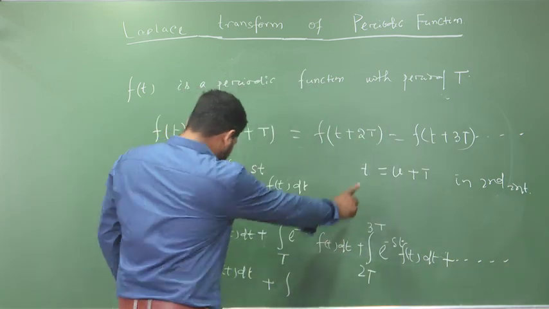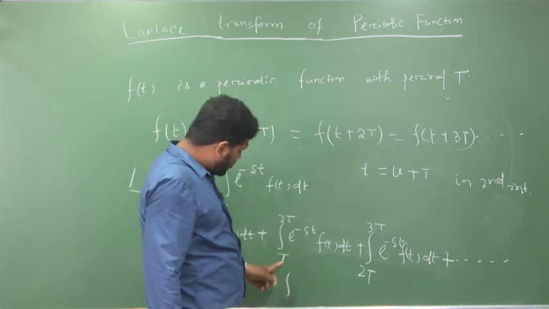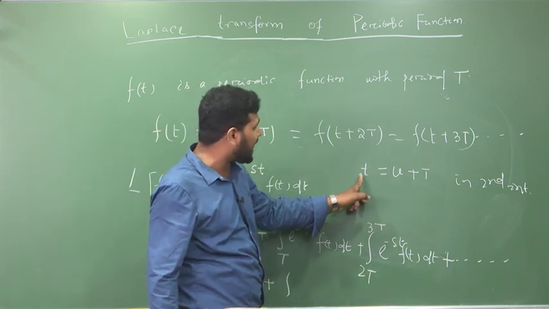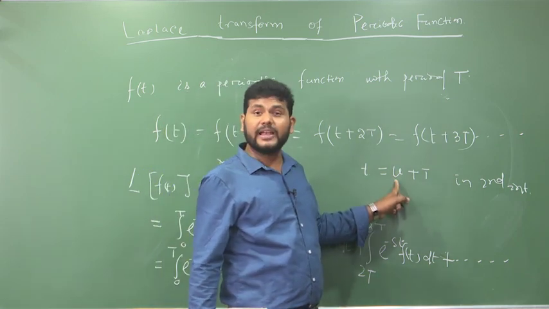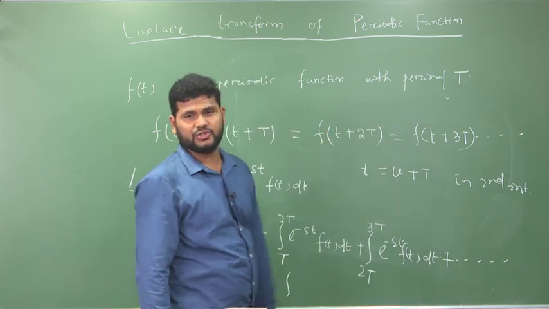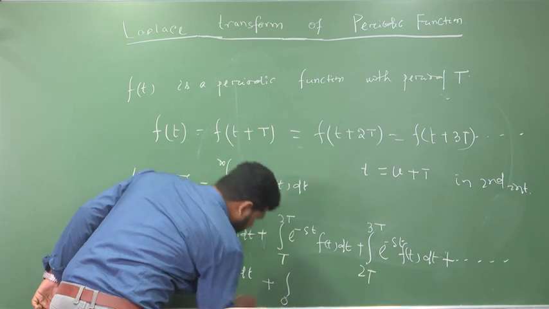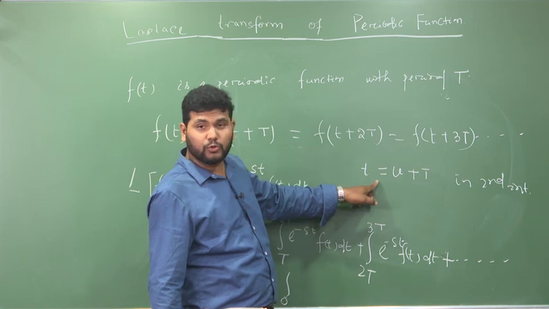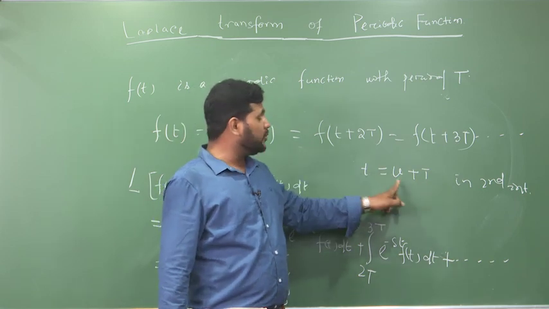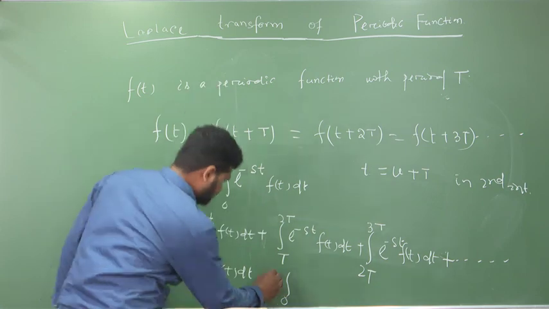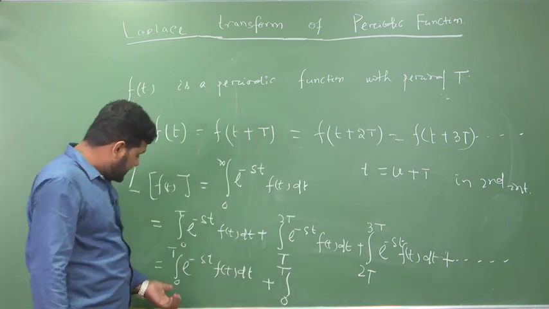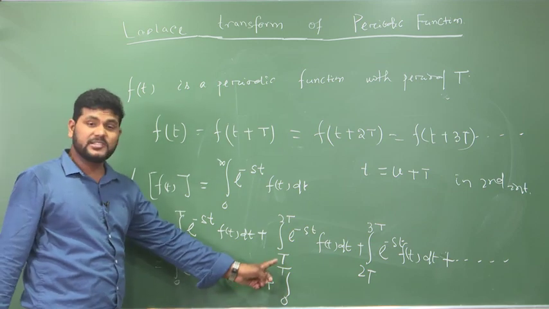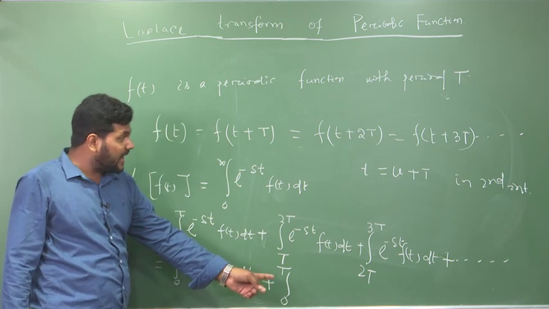Look at the limits. At the lower limit, small t equal to capital T, the T will cancel, and I am left with my new variable u equal to 0. At small t equal to 2T, one T will cancel, so u equals capital T. Now this reduces to the familiar form of the first integral, 0 to T. How is it achieved?